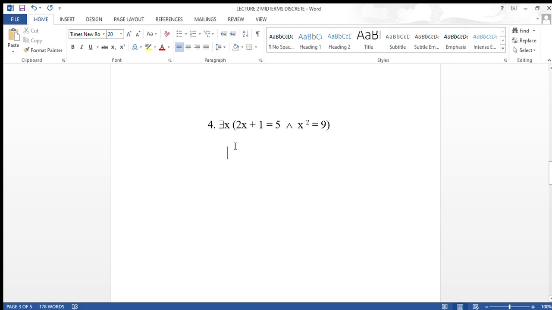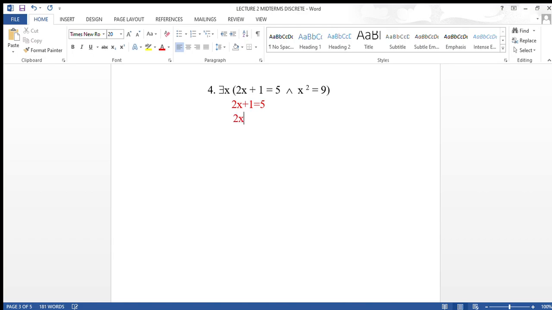So let's look at the first part of the proposition first, which is 2x plus 1 is equal to 5.